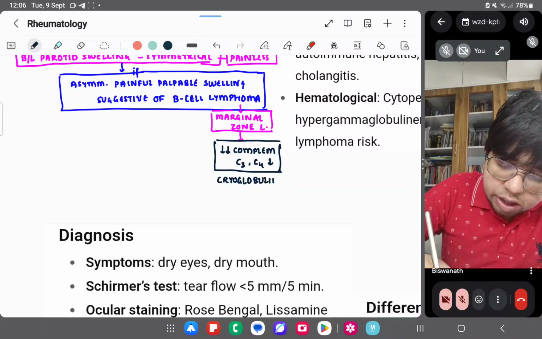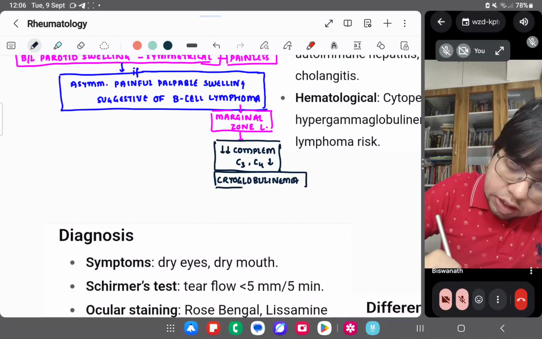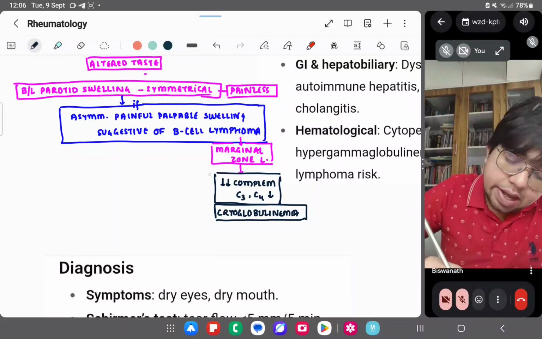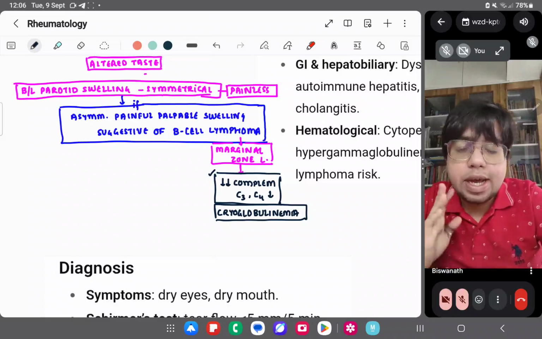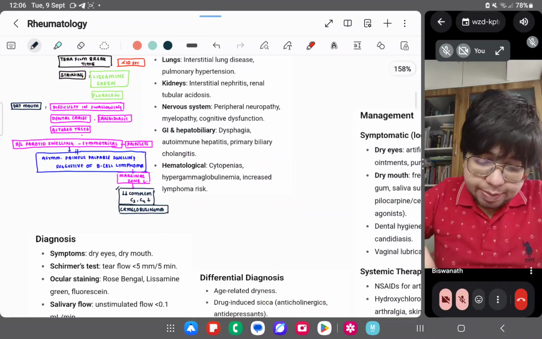So these two things will take your diagnosis towards marginal zone lymphoma if you do the lab diagnosis, right? These are the things.